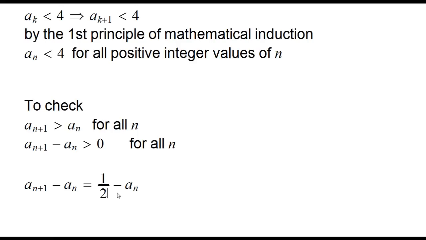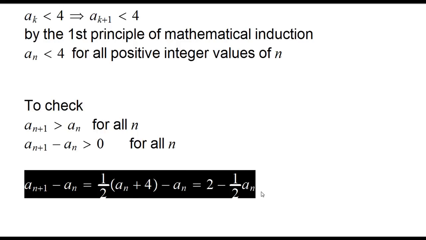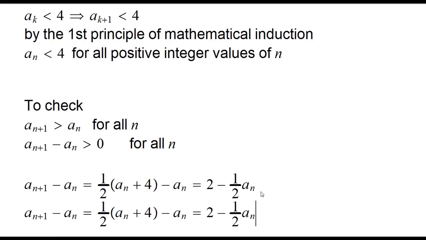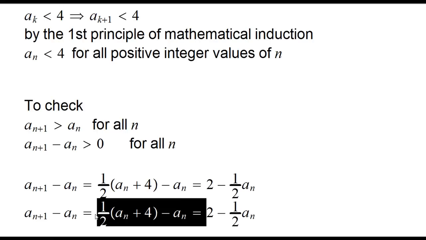If we would like to simplify it, we get a_(n+1) as 1/2 (a_n plus 4), and after some simplification of terms in algebra, this becomes equal to this quantity.